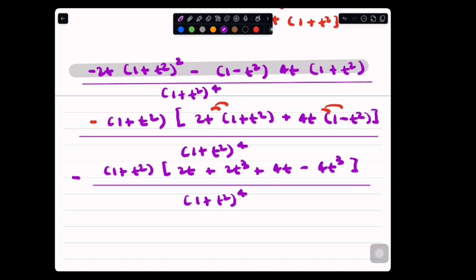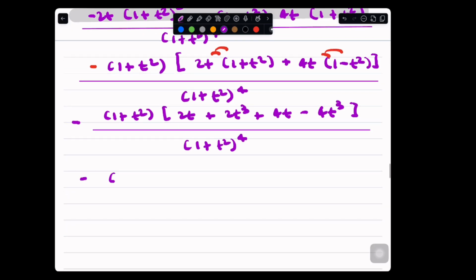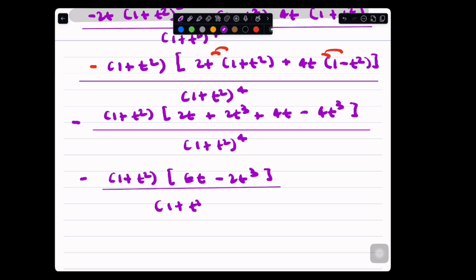Okay. I can combine my like terms. And I'll get 6t now minus 2t cubed, it looks like, over 1 plus t squared to the 4th power.